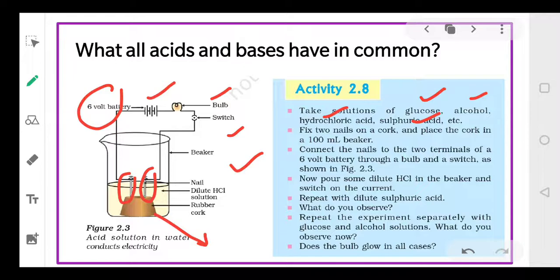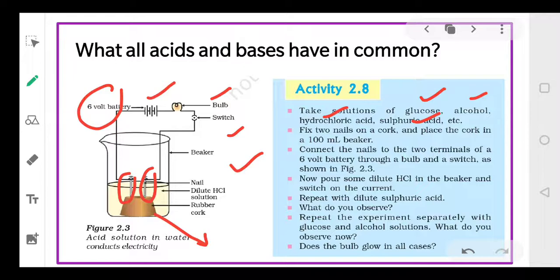For an alcohol solution, water plus alcohol. Hydrochloric acid, water plus hydrochloric acid. So we'll take aqueous solutions. Okay, any salt that we mix in water, the solution that forms is aqueous. So we'll take aqueous solutions. Clear? Is it clear?